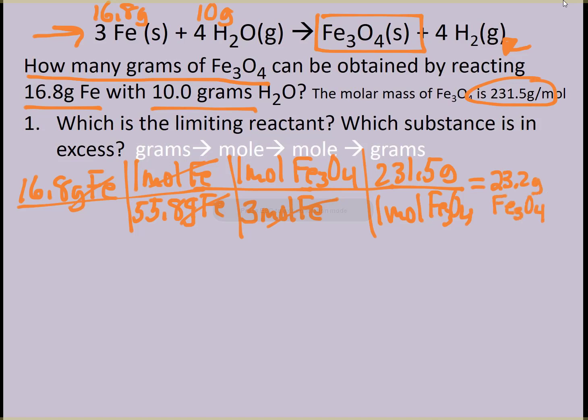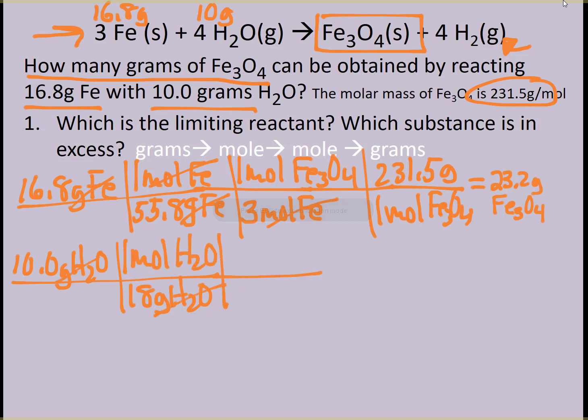Now we're going to repeat everything over, but this time starting with the water. Again, using the periodic table, I find that water is 18 grams. 2 hydrogens and 1 oxygen equal 18, and that's equal to 1 mole. Grams cancels. Now I'm going to use the ratio found in the equation. 4 moles of water goes down here, so I can cancel it.